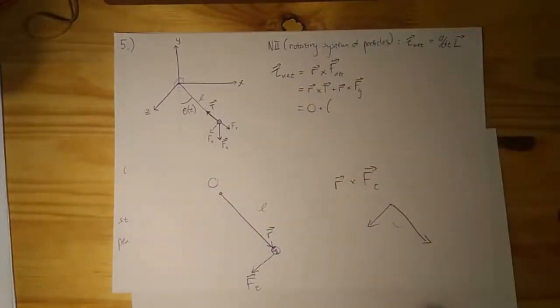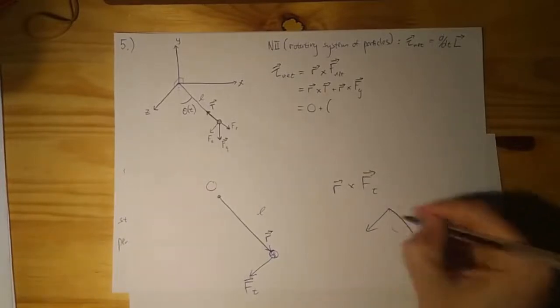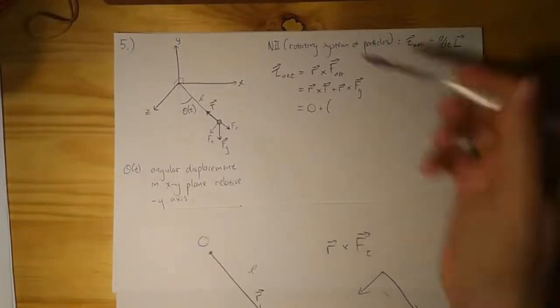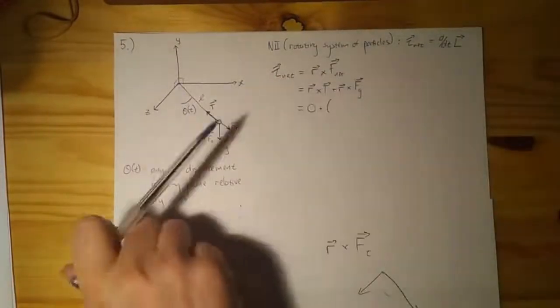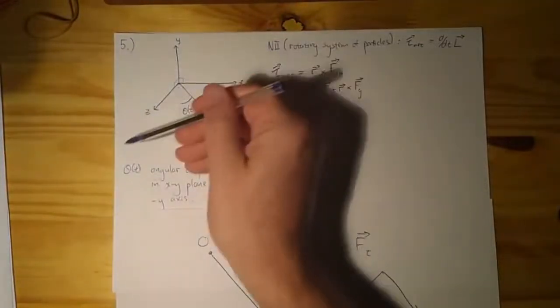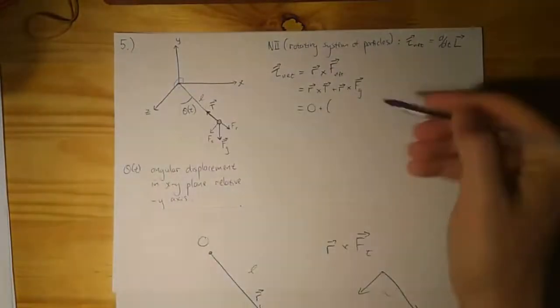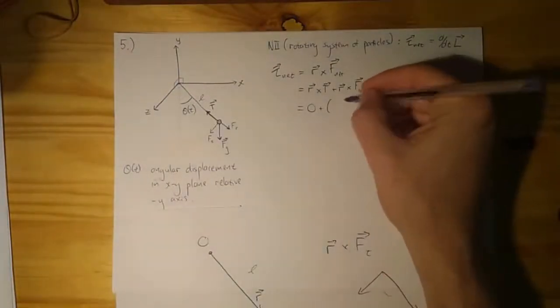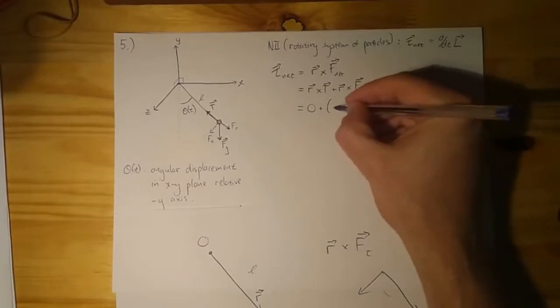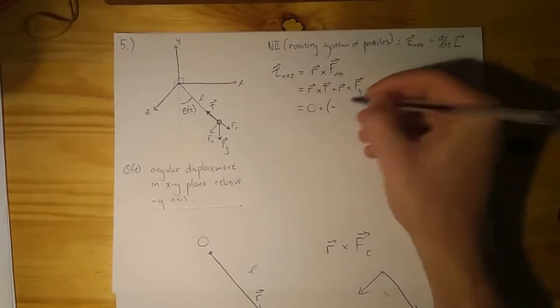So this is going to be into the page. Now, into the page for us is in the negative z direction. Remember, z is coming out of the page. So for us, this cross product is in the negative z direction, and we use k for that unit vector. So this is going to be minus.